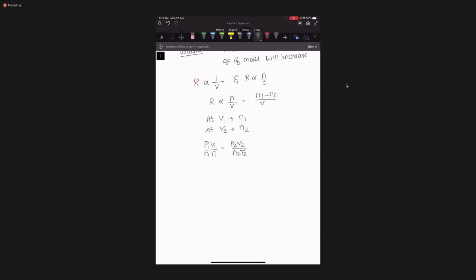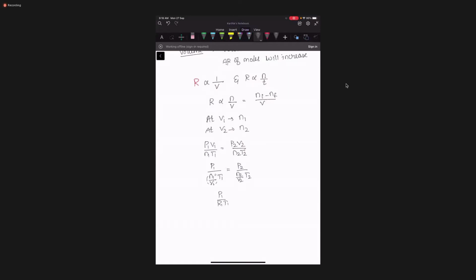So this is P1 divided by (N1 by V1) into T1 equal to P2 divided by (N2 by V2) into T2, that is R1 and R2.